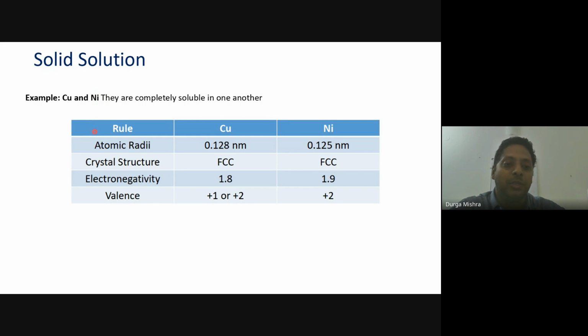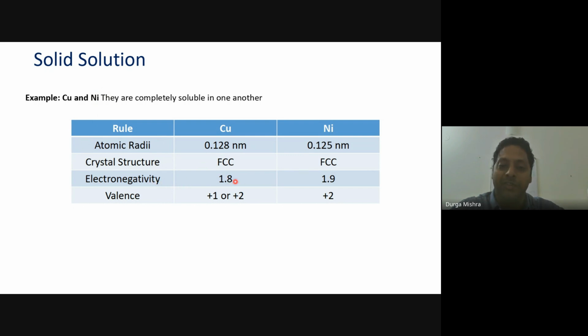Why? If you now apply those four rules, and compare the atomic radii, copper has 0.128 nanometers, nickel has 0.125 nanometers. Very close, not a big difference, even less than 5%. The crystal structure, both are the same, FCC, FCC. That is good.